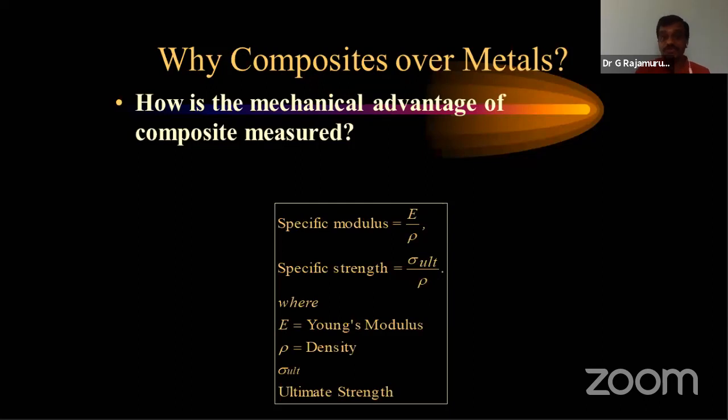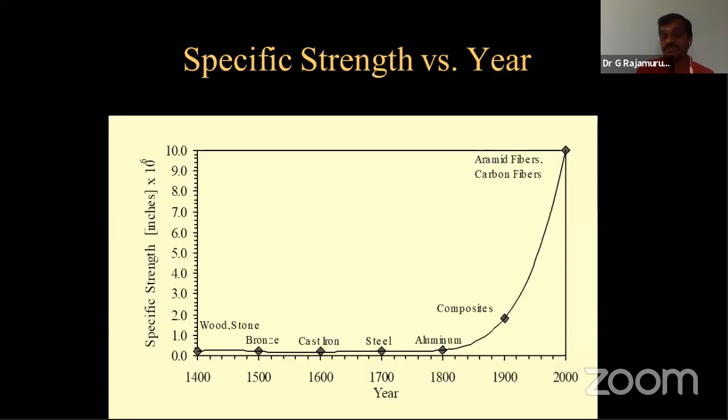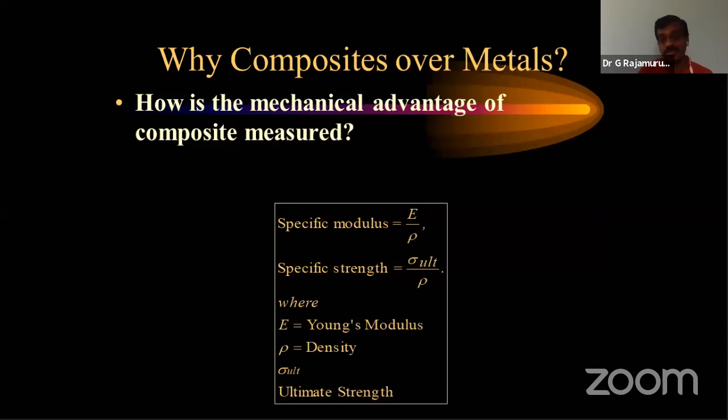But these two are not at all sufficient to design a composite. If the composite has excellent specific modulus or excellent specific strength, this is an essential property which can be expected from a composite, but these two properties are essential, but not the only ones; some other properties are also required for the end user, right?